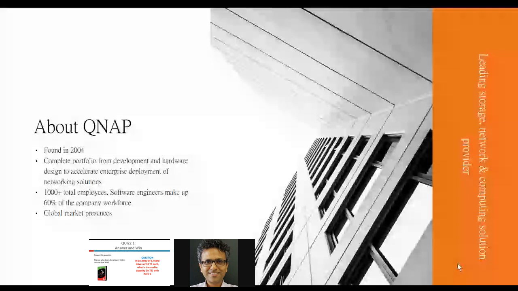Secondly, as you can see from the QNAP website, we are very unique and focused on hardware design. If you compare with other brands, QNAP is always offering the latest solutions. For example, we have Intel 9th generation CPUs and the latest AMD EPYC server-level CPUs.